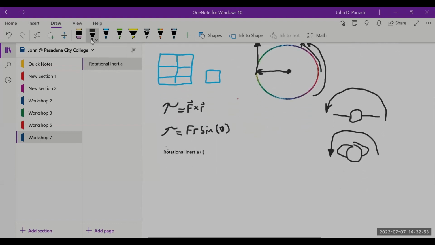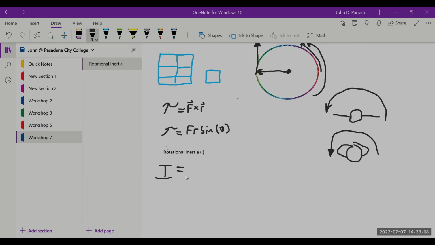Now, I told you that the rotational inertia depended on the mass, and I told you it depended on the distance. But how does it depend on those things specifically? Is it directly proportional? Is it something else?